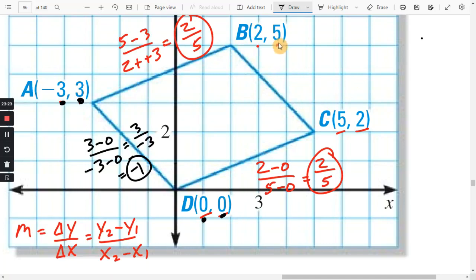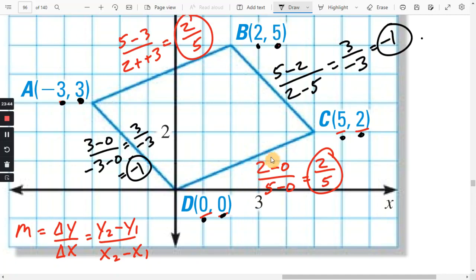Change in y, I'm going to do 5 minus 2. Change in x, 2 minus 5. 5 minus 2 is 3. 2 minus 5 is negative 3. And 3 divided by negative 3 is negative 1. So opposite sides parallel and opposite sides parallel. That proves it. Both pairs of opposite sides parallel.